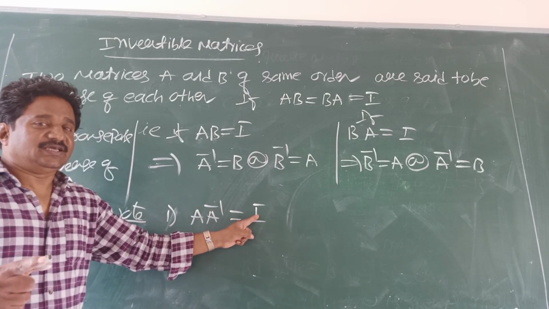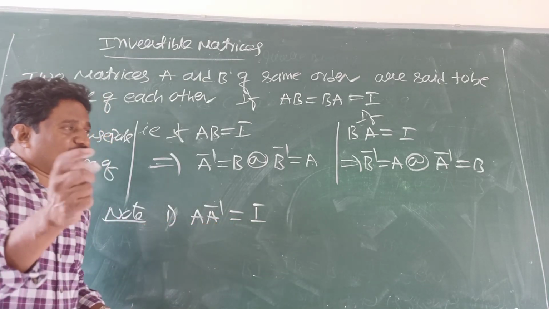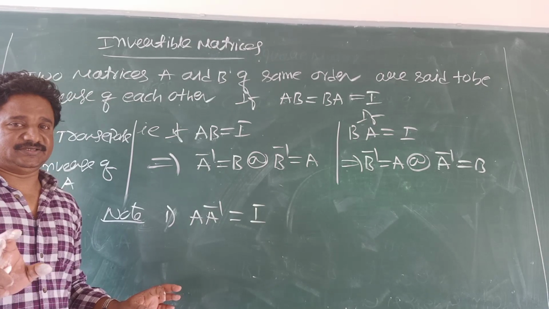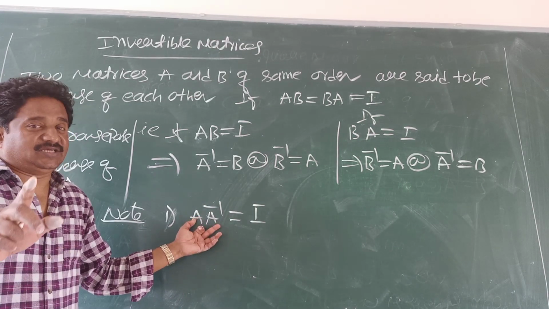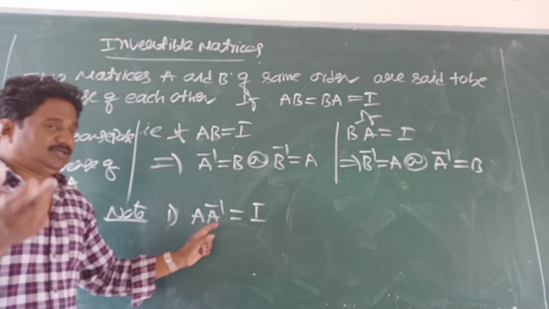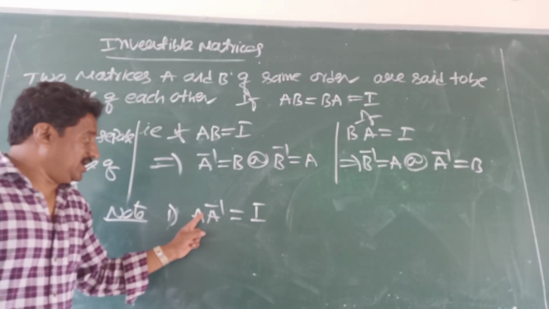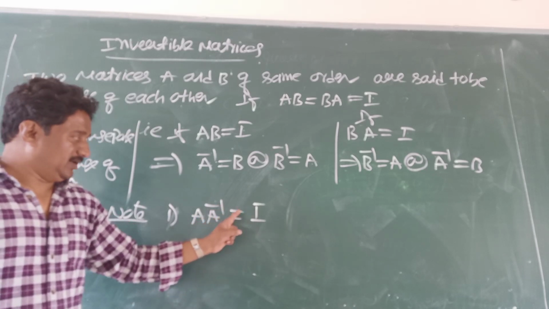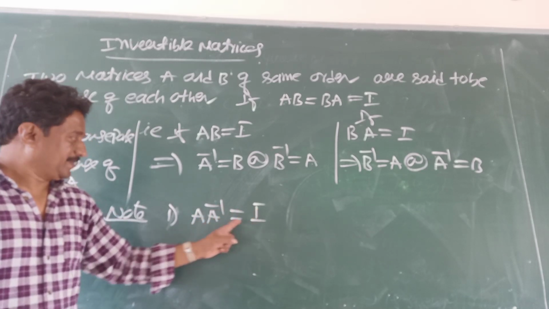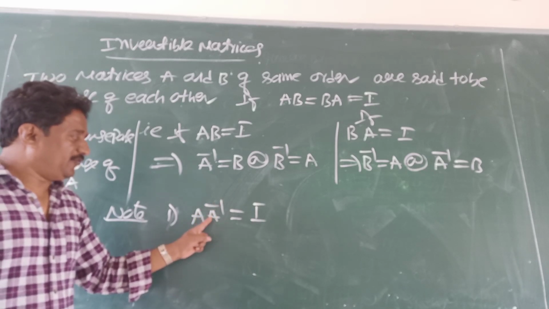You can cross check these things on your own in the coming classes. For now, take this as it is. What is A into A inverse? It is equal to the identity matrix.